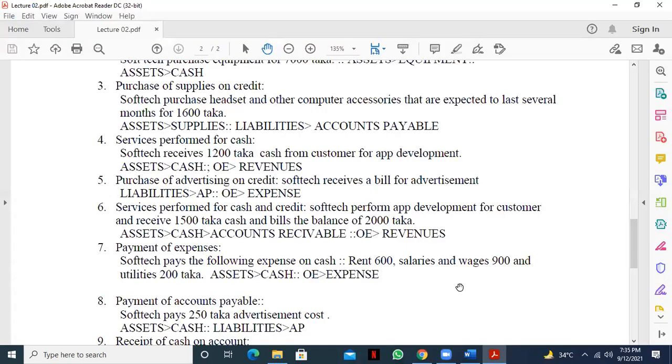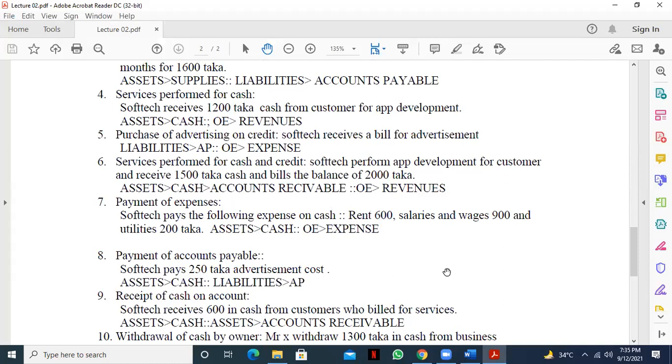Next one, that is number 8, payment of accounts payable. Payment of accounts payable means we'll pay in cash. Earlier we had an advertising bill that we didn't pay, and we recorded it in accounts payable.